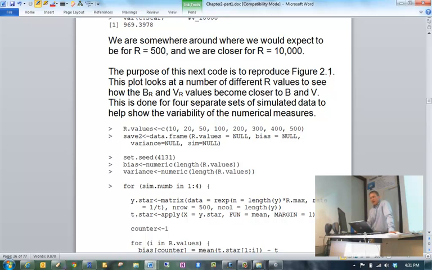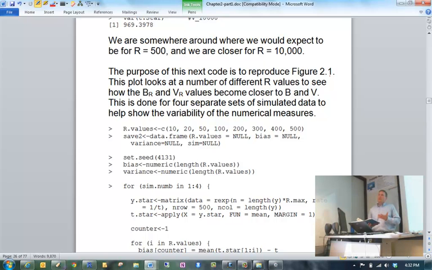Okay. So the purpose of this next part is to actually reproduce figure 2.1. So if you could take out your book, let's talk about figure 2.1. This is on page 17. What we see here is a way to visualize how large R I should take.